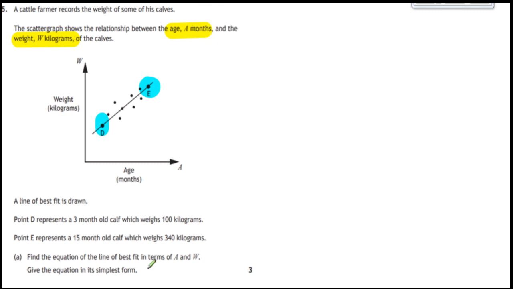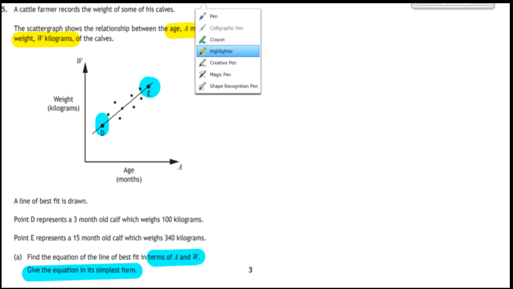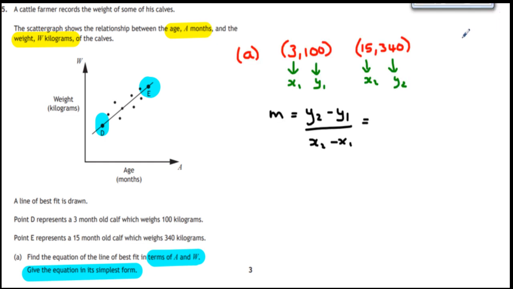Now those are going to be the points that you're going to use. You've got to find the equation of the line of best fit in terms of A and W, and you've got to give the equation in its simplest form. So all of those things, highlight them and make sure when you're doing your final answer that you express them the way that you're supposed to. Right, so the points are 3, 100 and 15, 340.